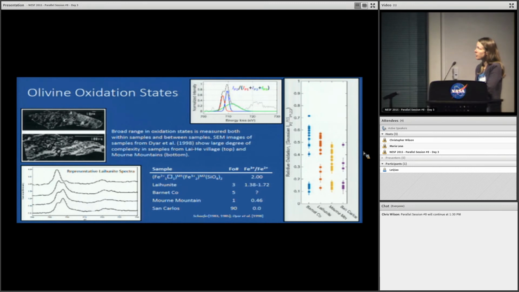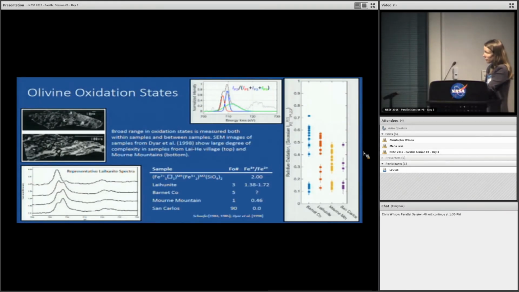So I've started these measurements in a variety of olivines. These are natural samples from several different locations that are variably oxidized. And they're complex samples, and so every sample shows a large range of spectra and spectral features with a variety of possible oxidation states.